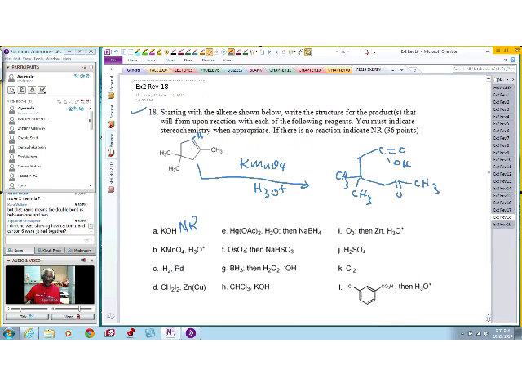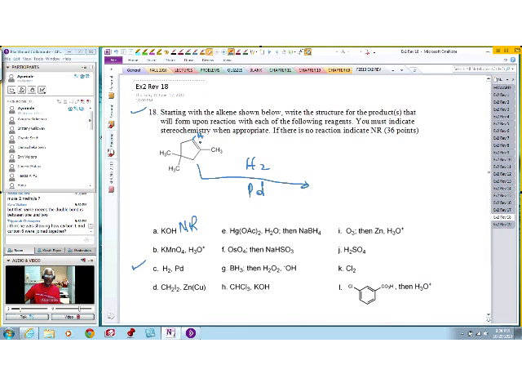Okay, so that is the product you get with this. How about C, reagent C? We get a carboxylic acid on this carbon and a ketone on this carbon. Reagent C, if you do hydrogen and palladium, what does that do?